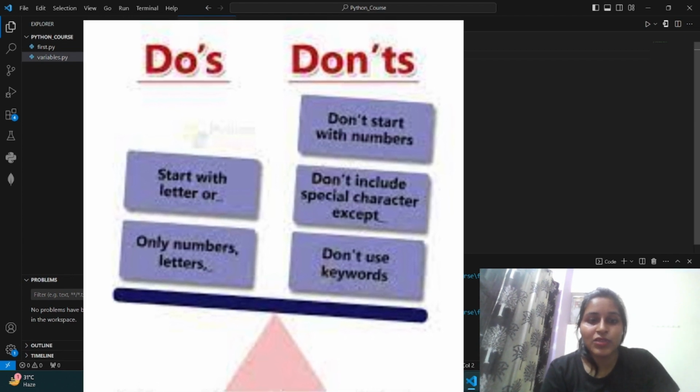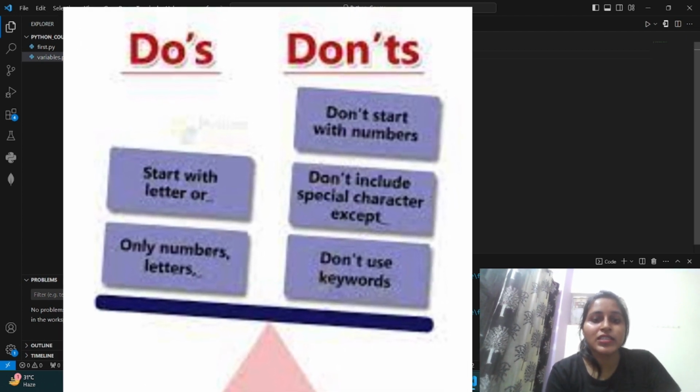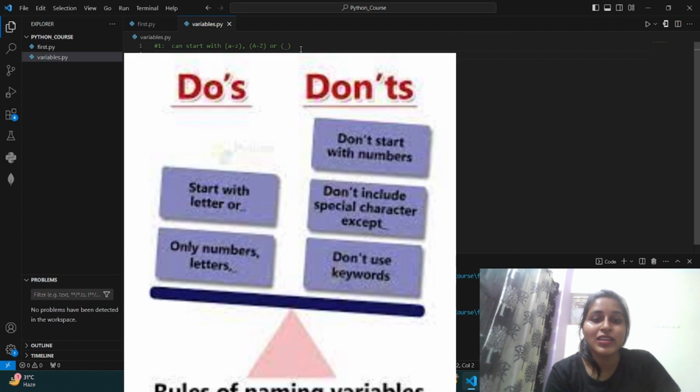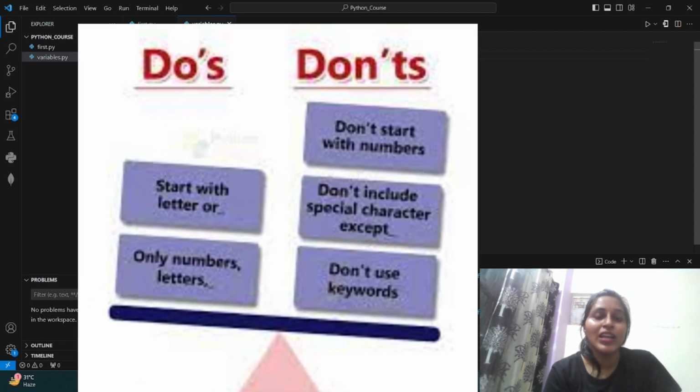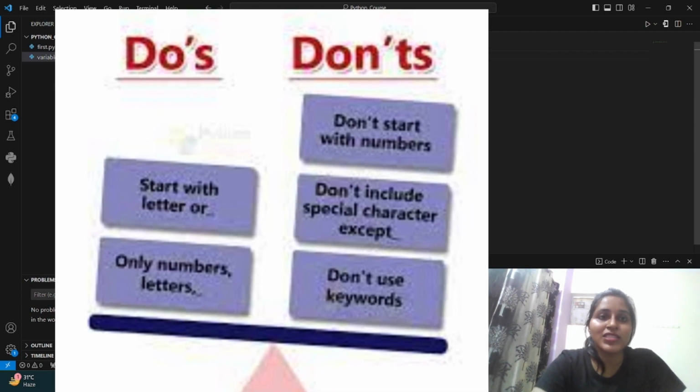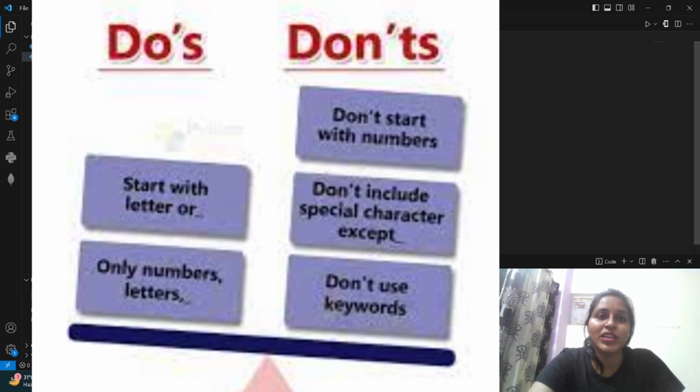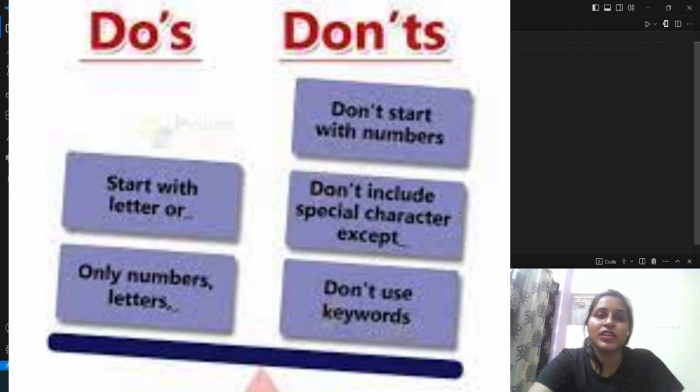And the second rule is, after the first character, you can use letters, digits or underscore. In the first character, you should always use A to Z, meaning alphabets, or an underscore.